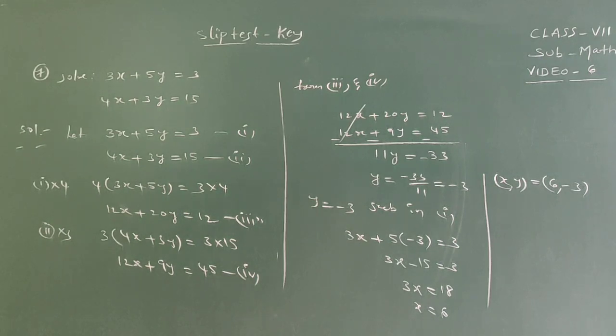If we subtract the resultant equations, 12x cancels, 11y equal to minus 33, then we get the value of y as minus 3. If you substitute the value of y in the first or second equation, we will get the value of x as 6. So the solution is 6 comma minus 3.